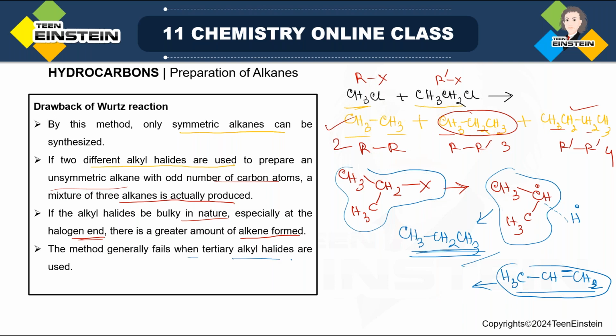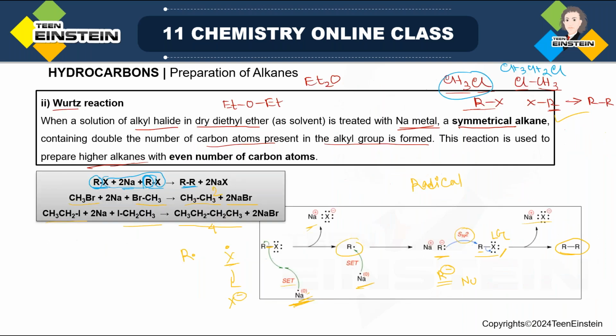This method also fails if you take tertiary alkyl halide. Now, what is the problem with this? Just look at the previous table. See here, R minus is produced. That means if you start with tertiary butyl halide, there will be X, but instead of writing X, I am writing a negative charge here. Now this negative charge over carbon is a very good base.